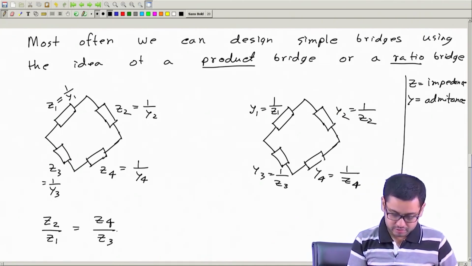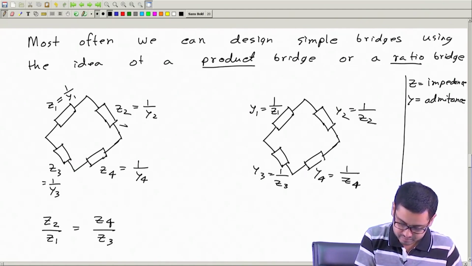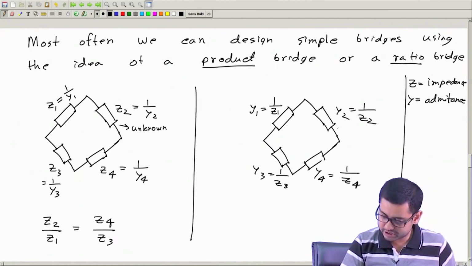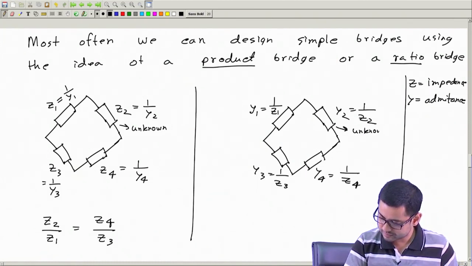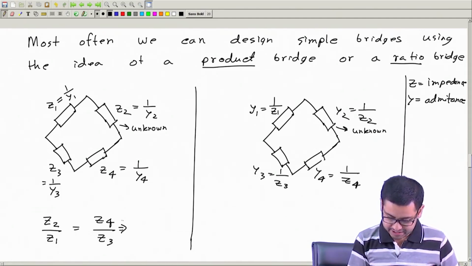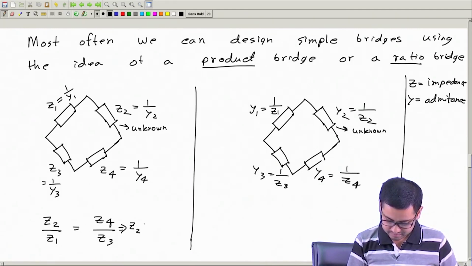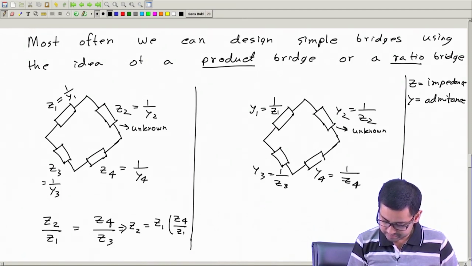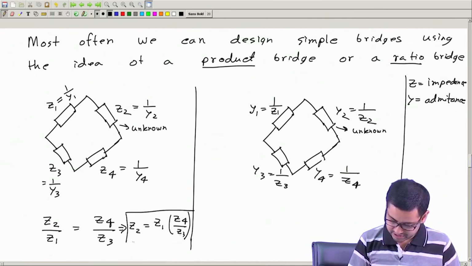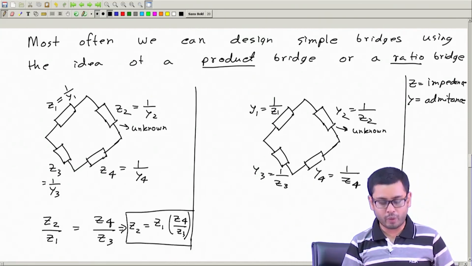And then if I call one of them, say this is the unknown, here also let this be the unknown. Then we can write the unknown Z2 as Z1 multiplied by Z4 by Z3. This is the unknown in terms of the known ones.